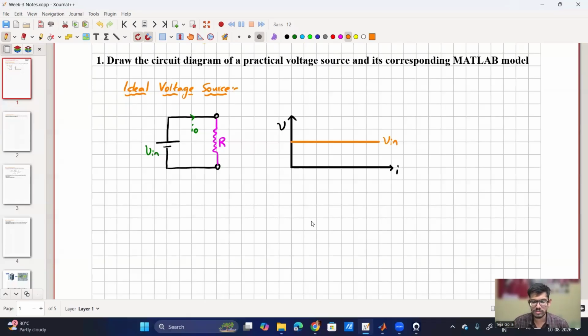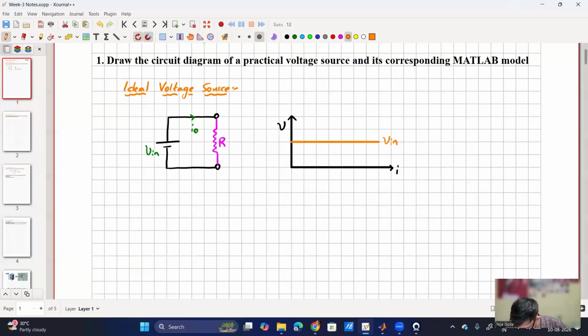A good voltage source will be one which is as close to the ideal voltage source as possible. That's why we also consider Vin as an ideal voltage source just for simplicity. But in the practical case, it will slightly deviate, not that much. But we'll see if there is any parasitic, how it is going to affect the input voltage.